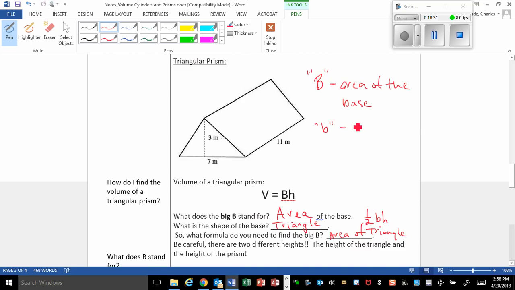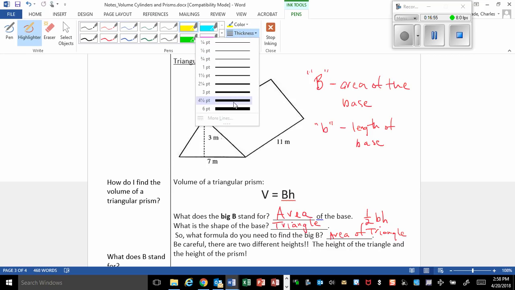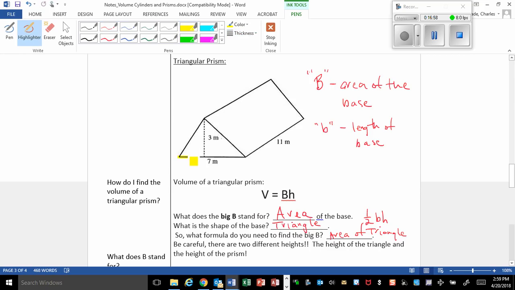Little b is the length of the base. Okay? So you need to make that distinction. Big B is going to have a formula contained within it. Little b is just the length. So in this particular case, little b is right there. Okay? The length of the base.